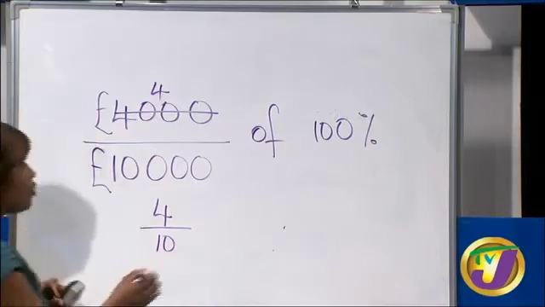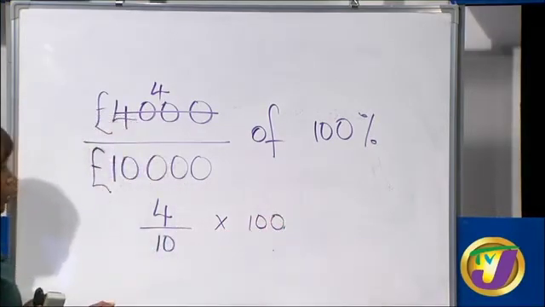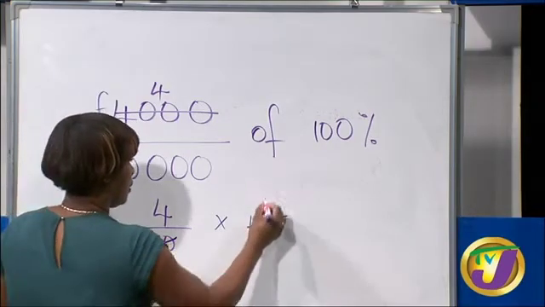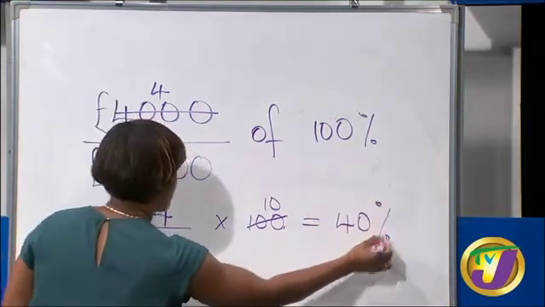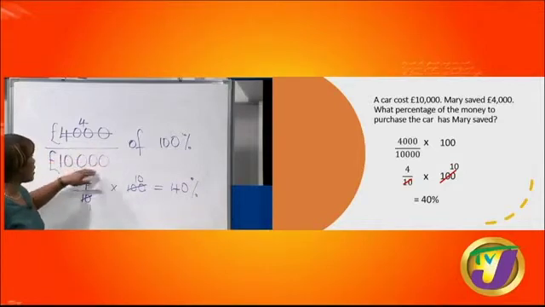So she has 4/10 of 100, which would work out to be 40%. So Mary would have had 4,000 out of the 10,000 that she wants to have to purchase the car.